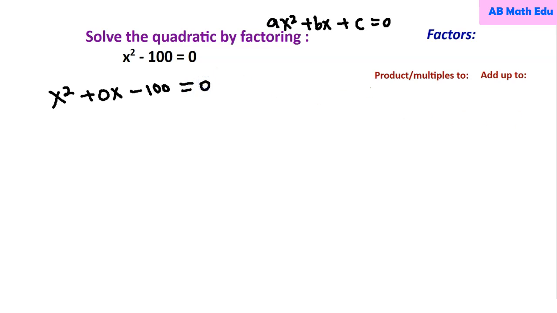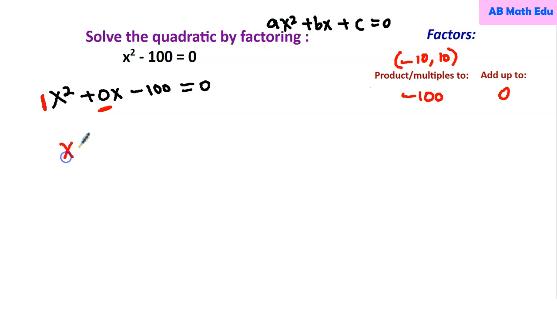And then the old way, when we multiply, 1 is here, so you multiply, you will get negative 100. But when you add, you have to get 0. So what two numbers, when you multiply, you get that, and you add, you get this? It's going to be negative 10 and positive 10. So you multiply, you get negative 100, and you add, you get 0.